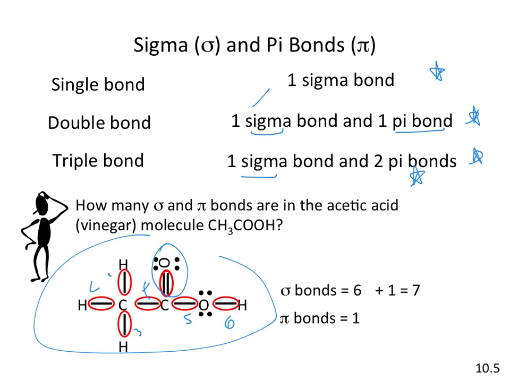So in terms of the total number of sigma bonds, I have 6 coming from all my single bonds, 1 coming from my double bond to give me 7 sigma bonds. Now, because a double bond consists of 1 sigma and 1 pi, since I'm counting up pi bonds, I have a single pi bond because I have a single double bond. Okay, so that's how you would go about identifying how many sigma and pi bonds you have. It's pretty straightforward.